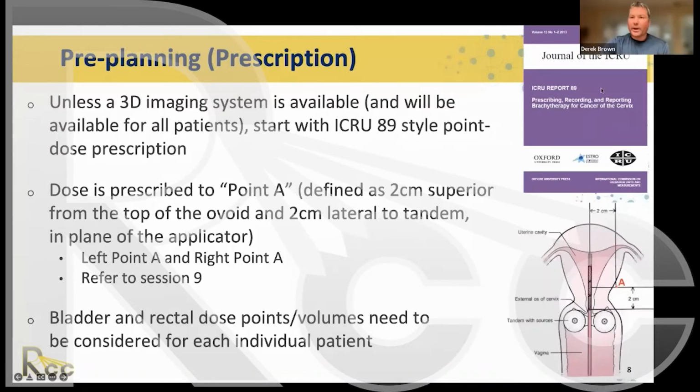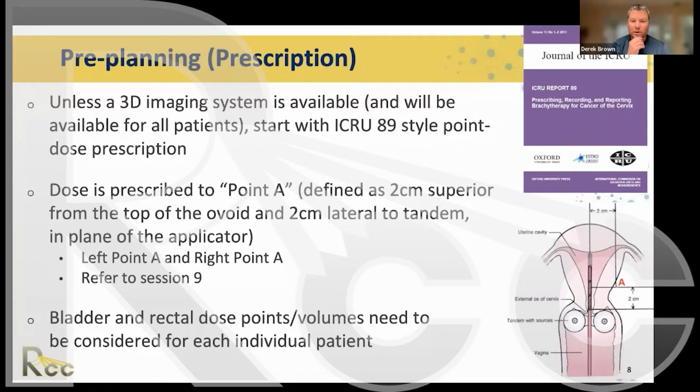Interesting, thanks. Okay, so here's this idea of point A. We talked a little bit about this last week, and I know there was some interest, so I want to take some time and go over this in some detail. Recognizing that it's not an absolutely fixed geometry, before we had the ability to use three-dimensional imaging, so CT scans or MRIs, we had to plan all of our patients using two-dimensional images.